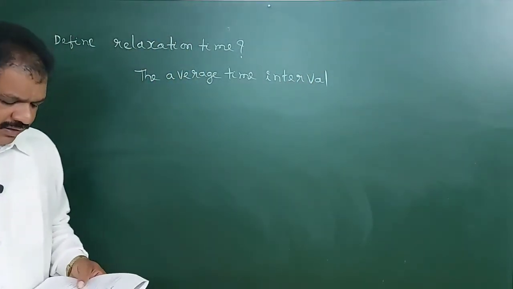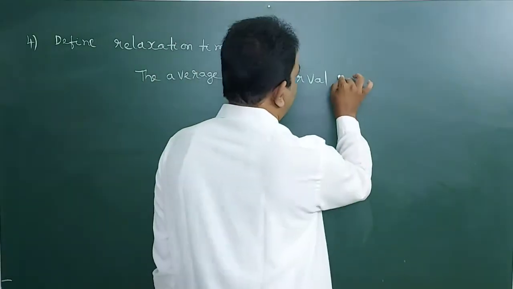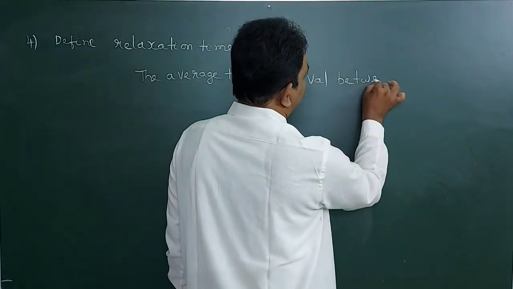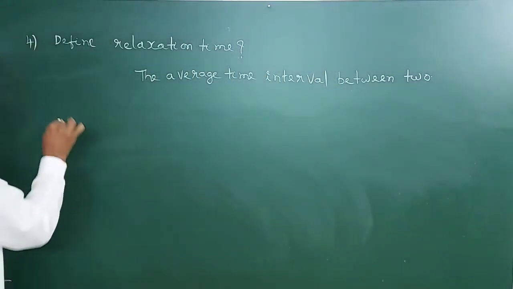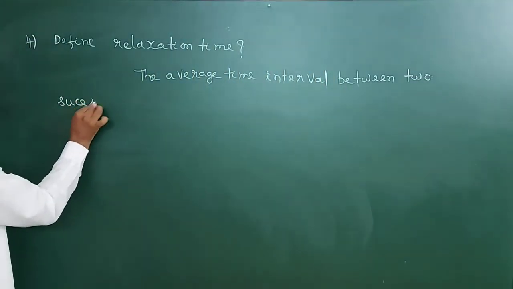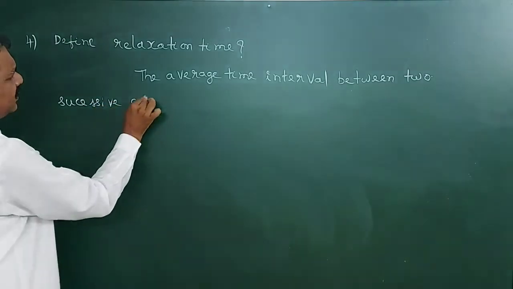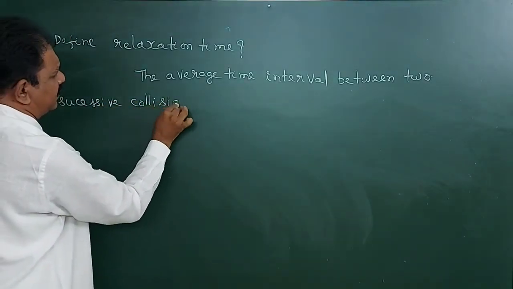The average time interval between two successive collisions of free electrons is called the relaxation time.